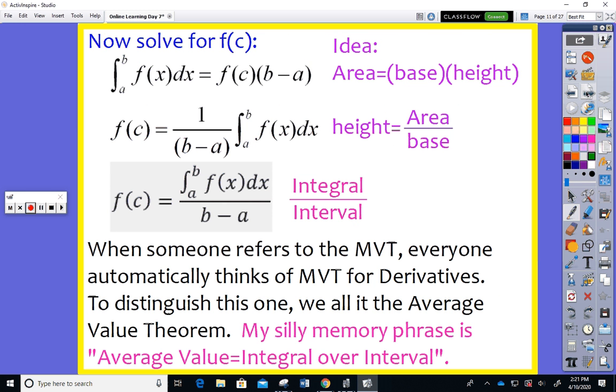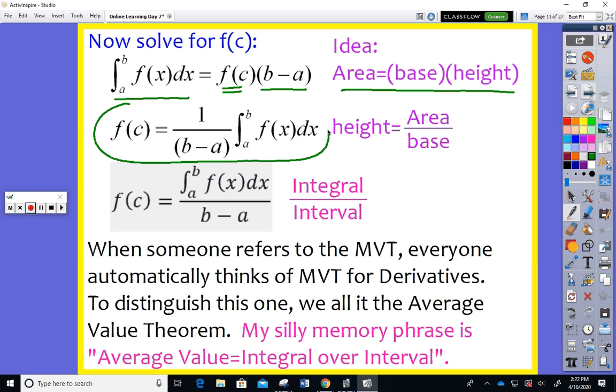All right, so if we look at this problem, the basic idea is that this is area, and area equals base times height. This is the way I think about it. Then if I divide both sides of the equation by b minus a, I get this equation. So I've just divided the first equation by b minus a.